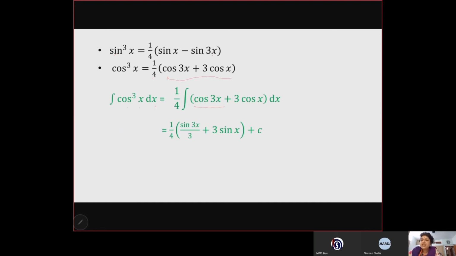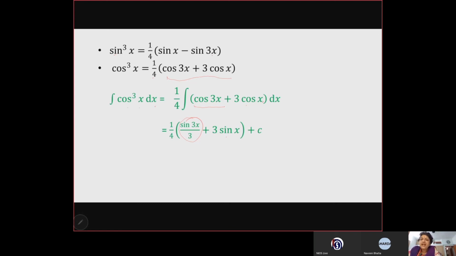Integral of cos 3x is sine 3x upon 3, and thrice integral of cos x will become sine x. So 1 by 4 into sine 3x by 3 plus 3 sine x plus c. So this is how we use trigonometric identities.